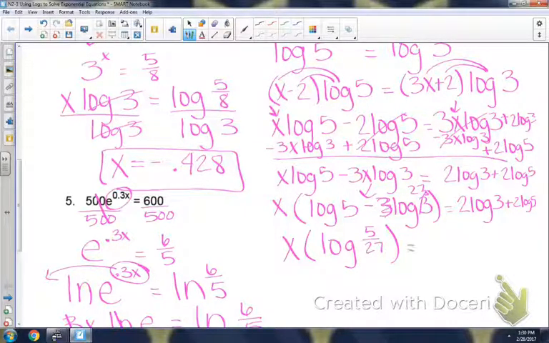Now looking at the right side, I'm going to make those coefficients exponents. So I have 3 squared, which would be 9, 5 squared, which would be 25. So to condense those two, since I'm adding, I need to multiply. So you're doing 9 times 25, that should give you 225.